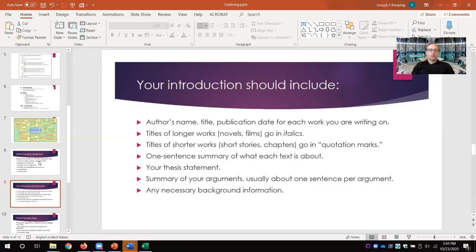This is going to be a brief summary of your argument, usually about one sentence per argument, although it's quite possible to summarize more than one argument in a single sentence. It's also fine to use one sentence for each one of your arguments. It just needs to be clear what you're doing.